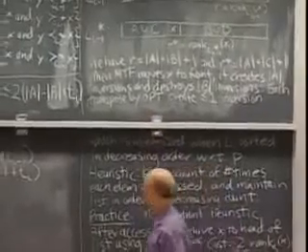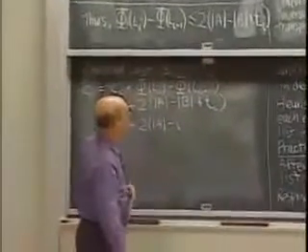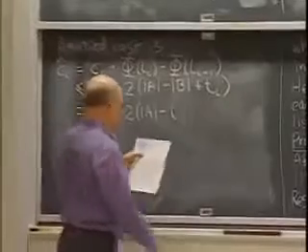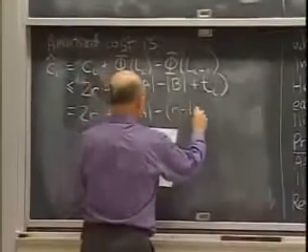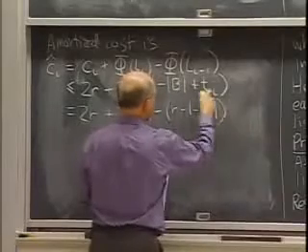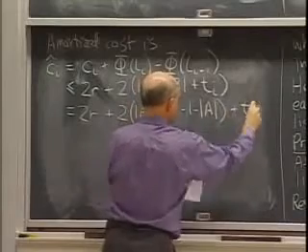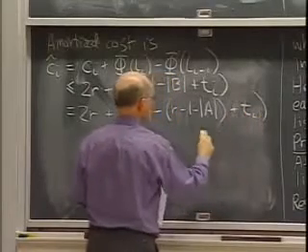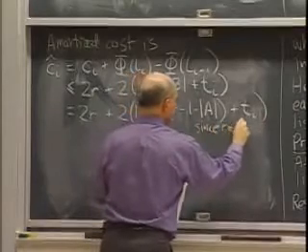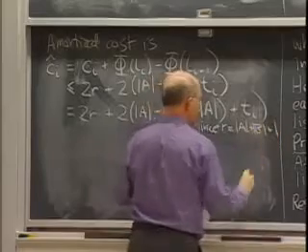And so what do I plug in here? What's B equal to? Yeah, r minus size of A minus 1. I wrote it the other way. And then plus t i. And this is since r is A plus B plus 1.